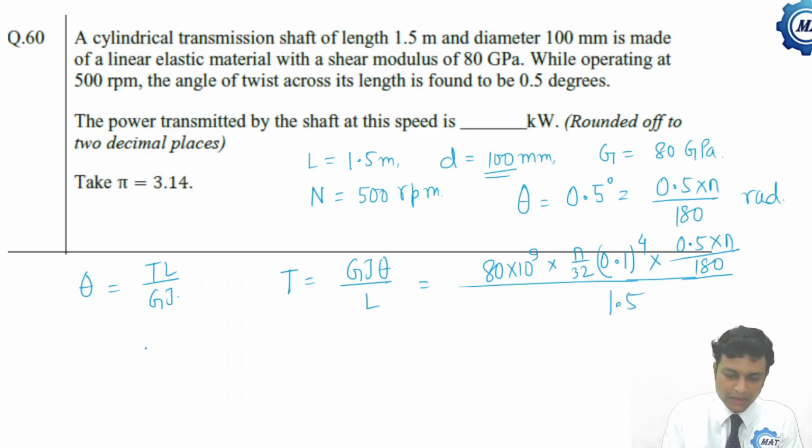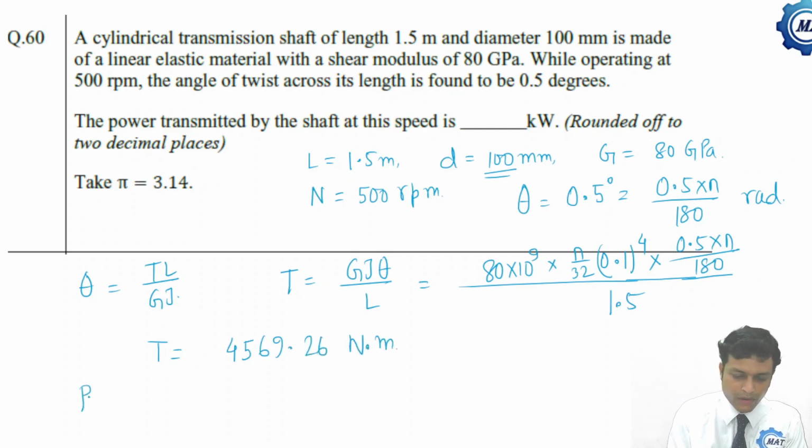So calculating this, you will get the value of T, that will become 4569.26 Newton meter.